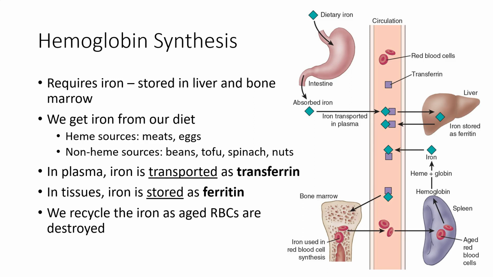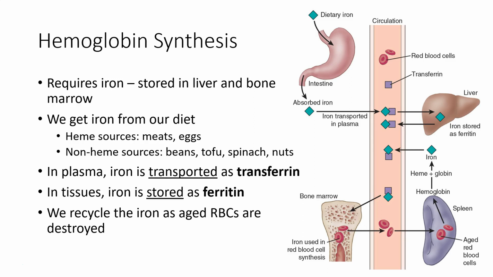We get the iron from our diet. We get it from heme sources such as meats and eggs, and we get it from non-heme sources such as beans, tofu, spinach, and nuts. This dietary iron can help maintain our iron stores. In the plasma, or in the blood, iron is transported as transferrin.